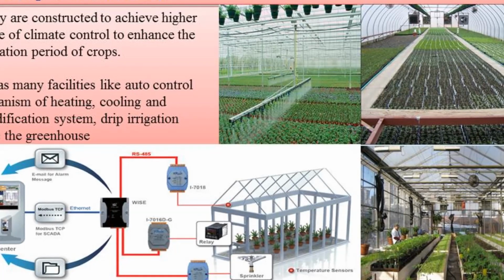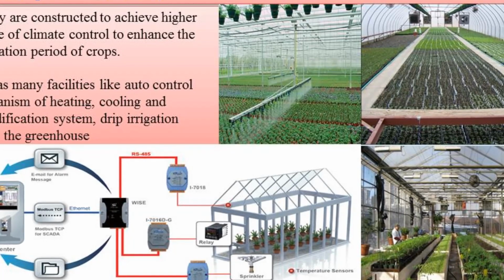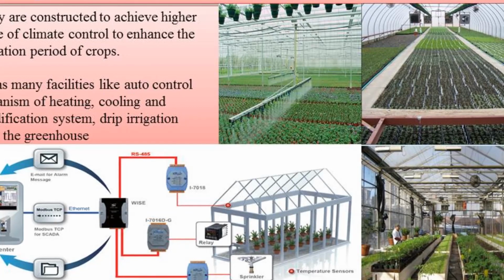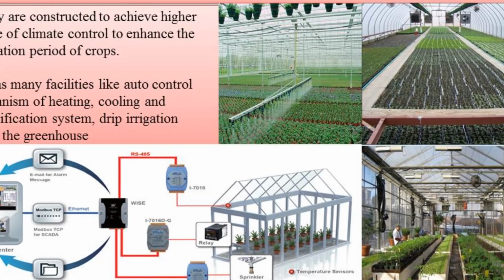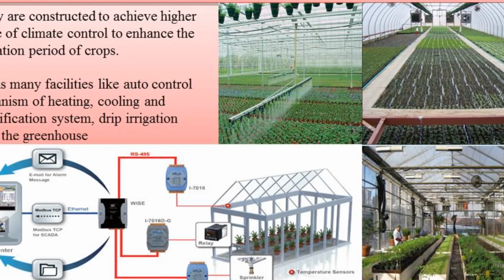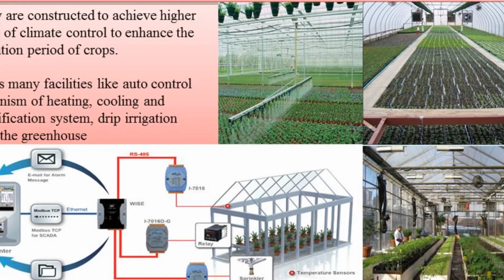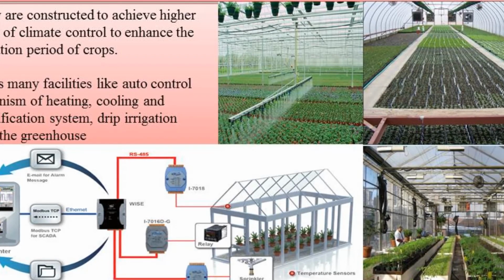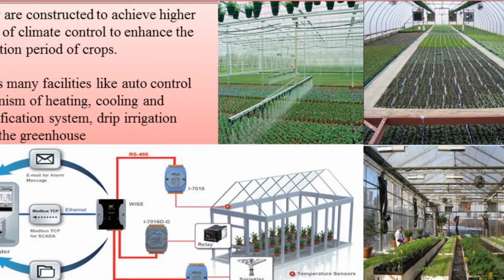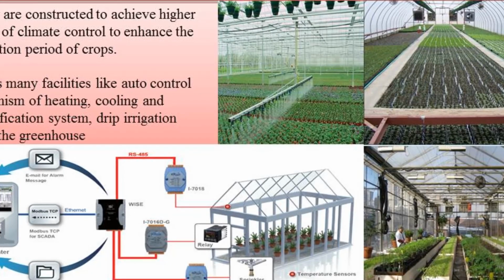These are all the types of polyhouse we learned in this chapter, that is classification of polyhouse according to its shape, covering material, cost of construction, and its utilities.